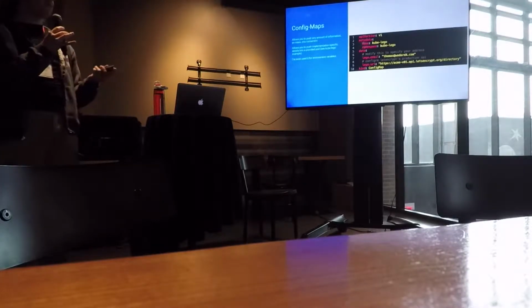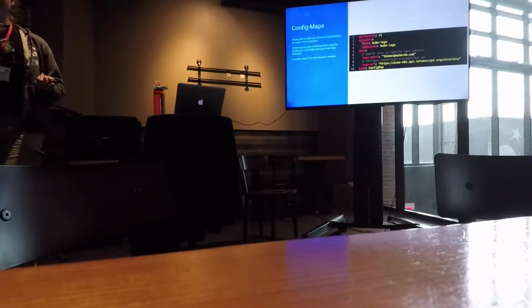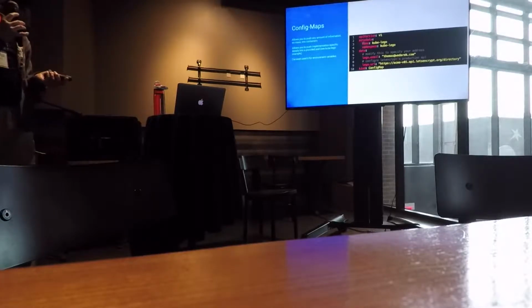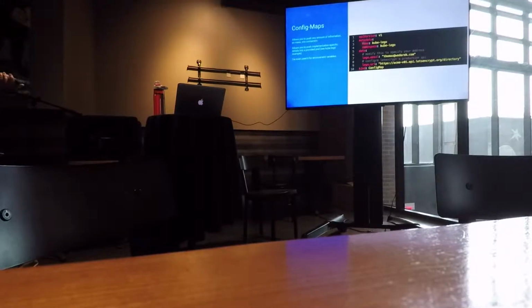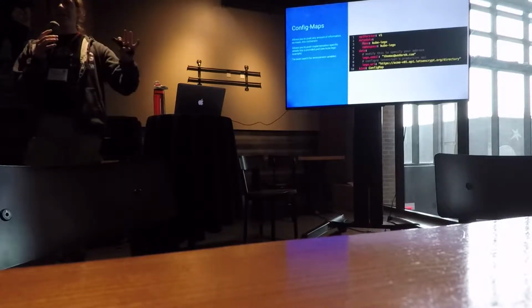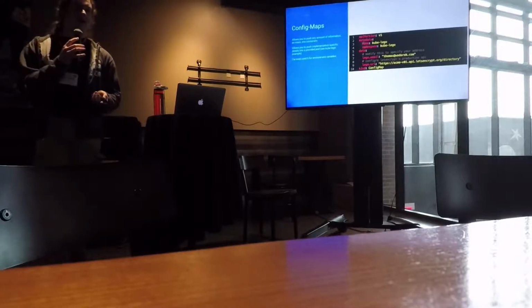So config maps. Config maps are just a generic way of putting stuff. We use them a lot for environment variables because we have a lot of them. But it's any configuration information that needs to be dumped into a container that isn't already there.